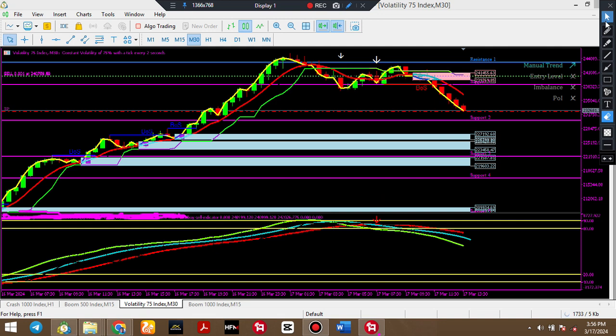If you had opened one trade using this strategy like I explained, at least from this point down to this point, each trade is going to give you $8 profit. That means any trade you open that gets to that zone is going to be around $8.